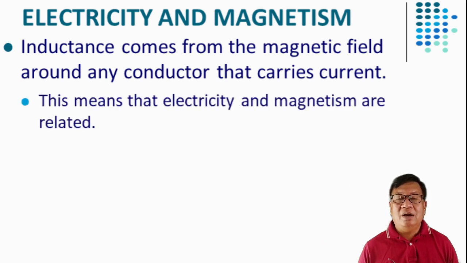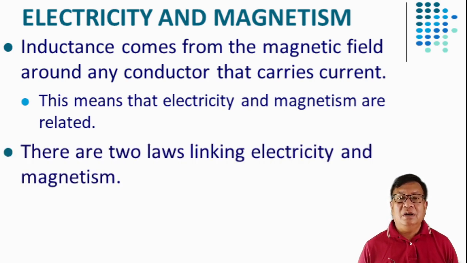Ito po yung tinatawag natin na current carrying conductor. This means that electricity and magnetism are related. Because if current flows in a certain conductor, it will produce inductance, and this inductance is the dahilan na mayroon po tayong tinatawag na magnetic field around this current carrying conductor.